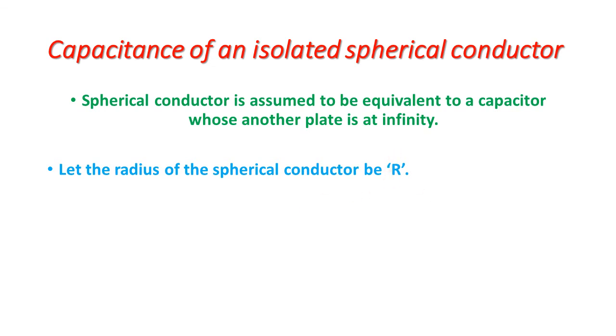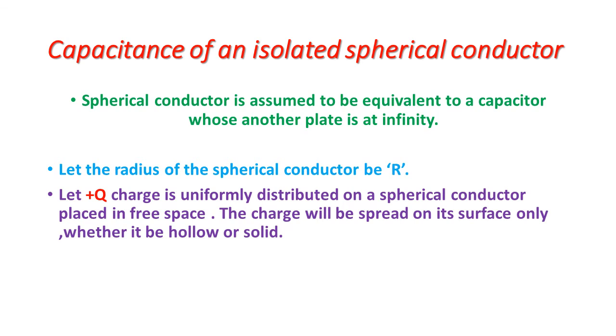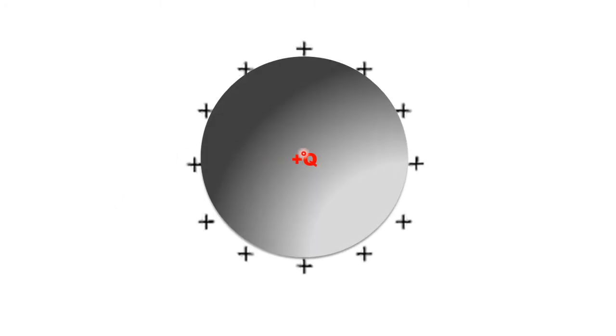Let us take R as the radius of that spherical conductor, and if Q charge is supplied to it, whether solid or hollow, that charge will spread uniformly on its surface. You have already studied this. You can see Q charge is spread uniformly on its surface.